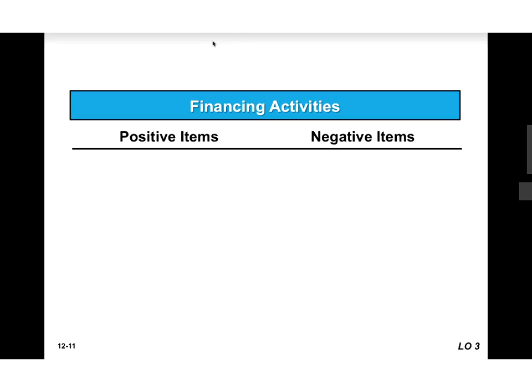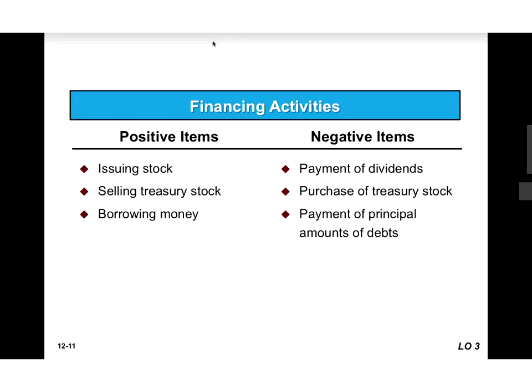So if there's an underlying long-term asset, that's an investing activity. Okay, then we have financing activities. Financing activities are anything to do with liabilities, long-term liabilities, and stockholders' equity. So we'll see issuing stock. We'll see selling treasury stock. We'll see borrowing money. Those are all inflows, cash flows related to financing.